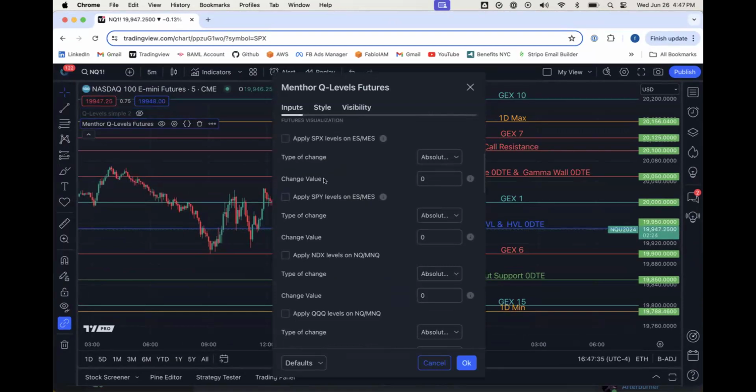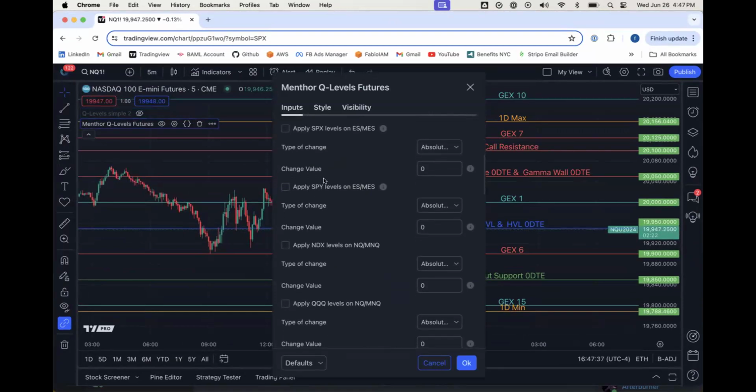When we built the indicator, we didn't really think about the blind spot theory, or about people wanting to convert different levels to different tickers. We built it so that we could have SPX levels converted to the future, SPY levels converted to the future, and NDX levels converted to the future.